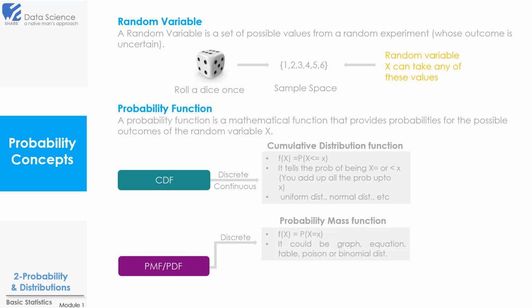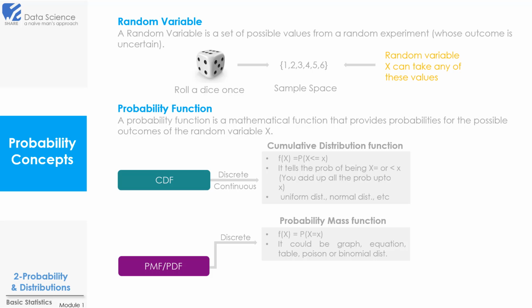So probability mass function is used when the random variable is discrete. PMF can also be derived using CDF. When the random variable is exactly equal to small x, then CDF becomes PMF. So here we find the probability of the random variable capital X being exactly equal to small x. So PMF could be a graph, equation, table, Poisson or binomial distribution.